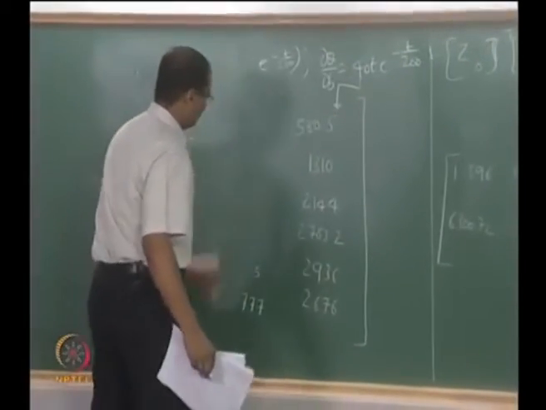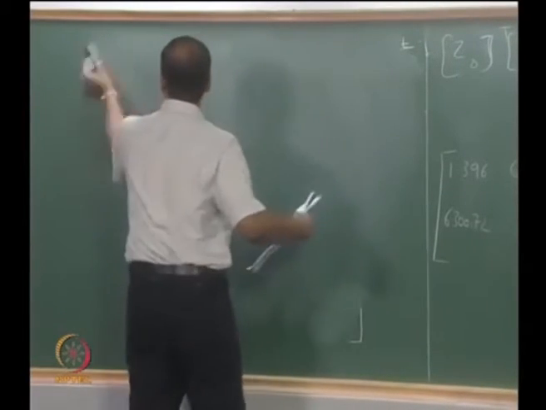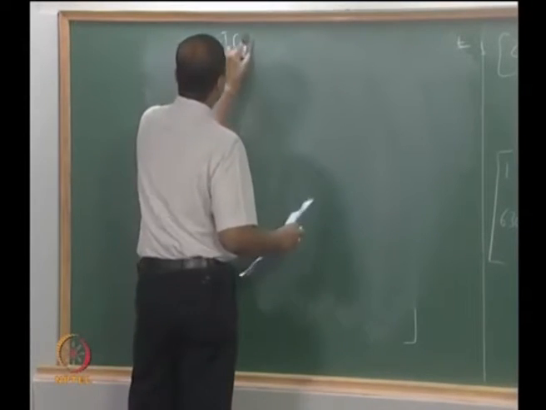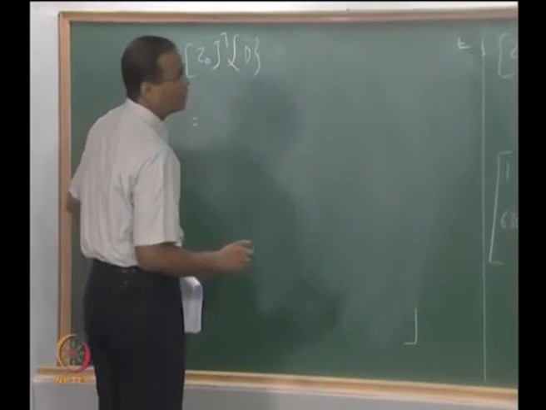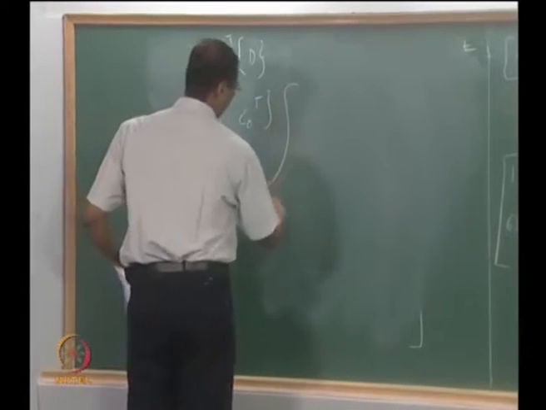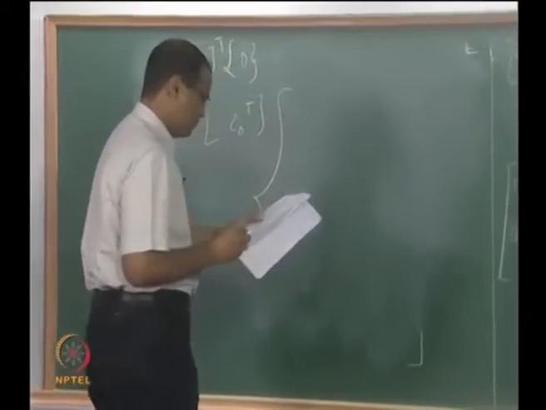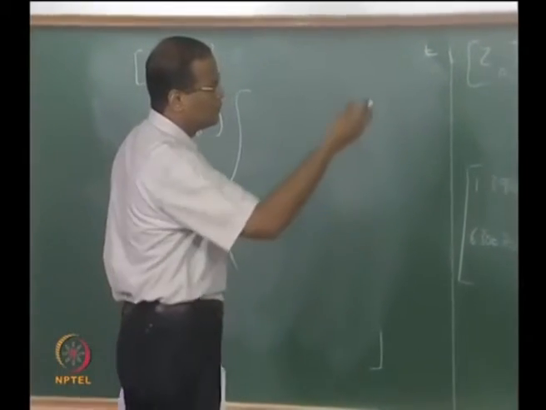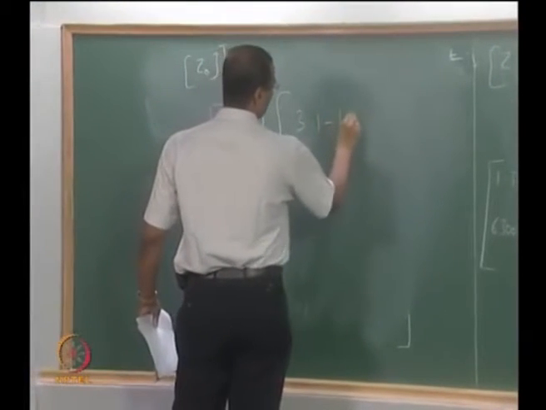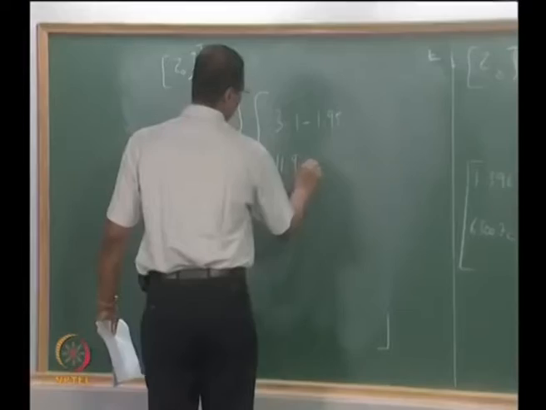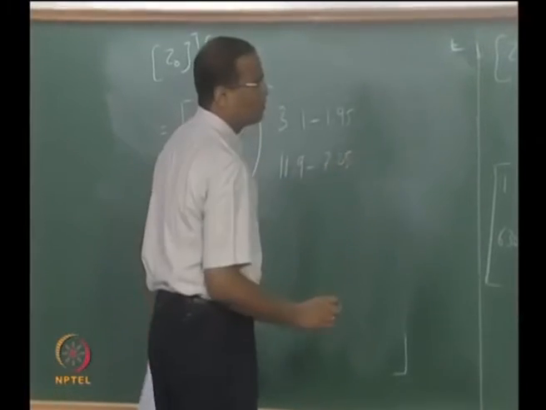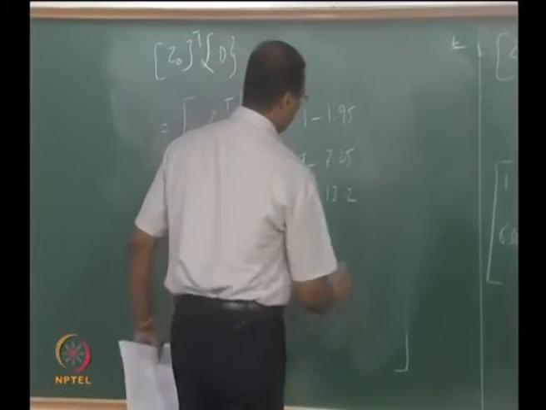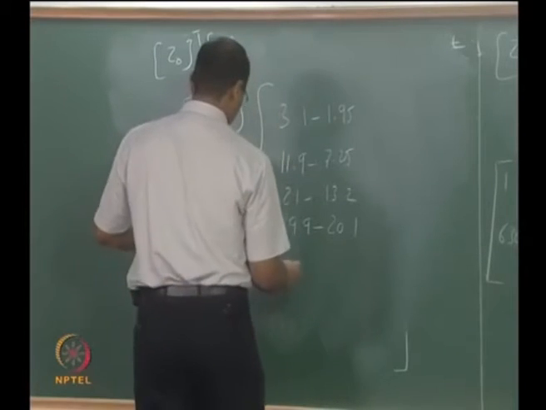Now we can get the values. What about the forcing vector? What did you get? Is it 37.3 or?